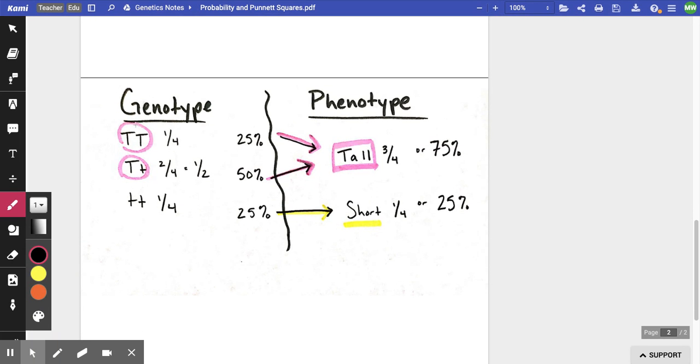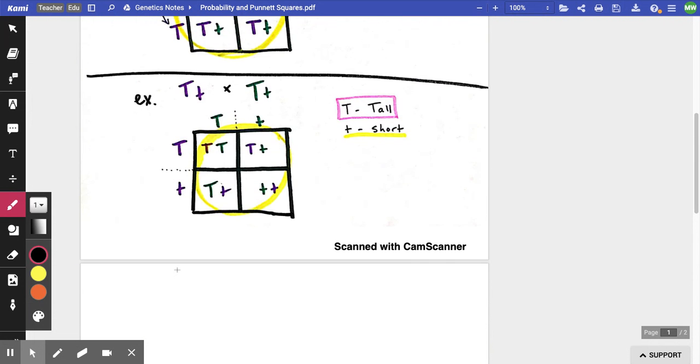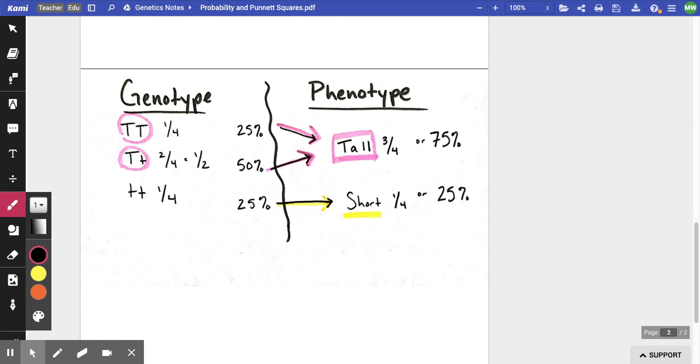I've listed them out here, and we notice in our Punnett square that there was only 1 out of 4 that was capital T, capital T. There were 2 out of 4 that were capital T, lowercase t, and 1 out of 4 that was lowercase t, lowercase t.